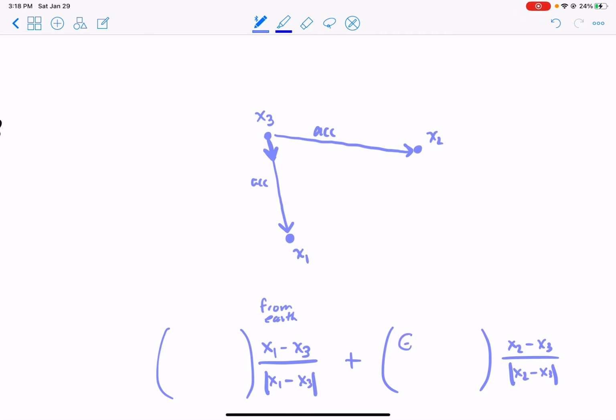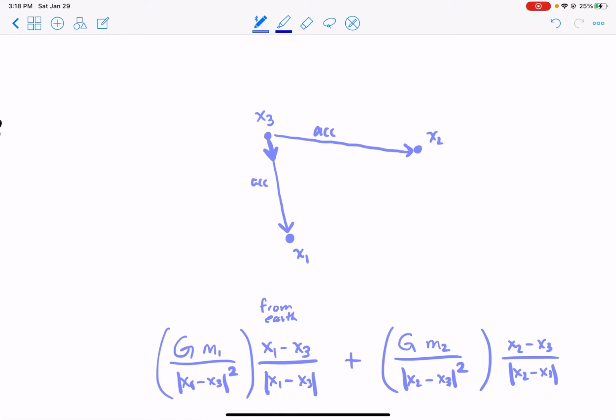Okay, so gravitational constant, mass of the moon divided by the square of this distance. Gravitational constant, mass of the Earth. Yes, the Earth is pulling on our spaceship. And x1 minus x3 squared distance.